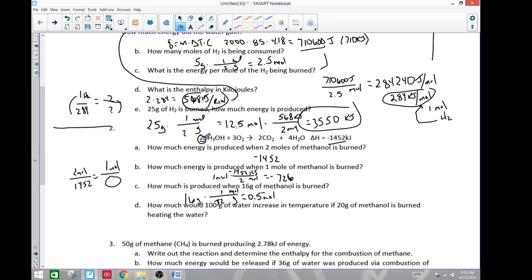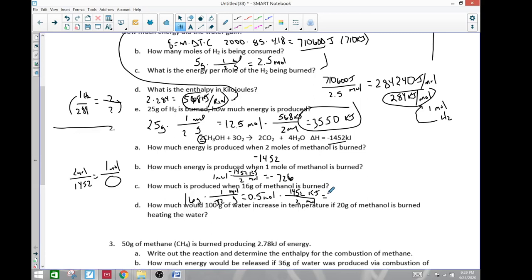Now this is how many moles we're going to process through this thing. So 2 moles gave us that much. How much would 0.5 moles give us? All right, get rid of moles and go to kilojoules. 2 moles gives us 1452. And there we go. So 16 divided by 32, of course, is 0.5.